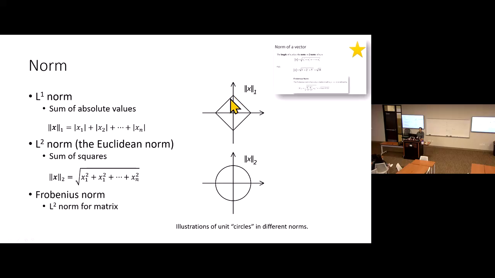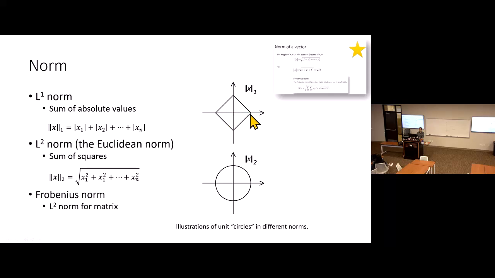So if you have a 2D scenario, then you have x1, x2. If I say, okay, the L1 norm of your vector, so there are two numbers, has to be limited to 1, or smaller than 1, you will be located within this square.